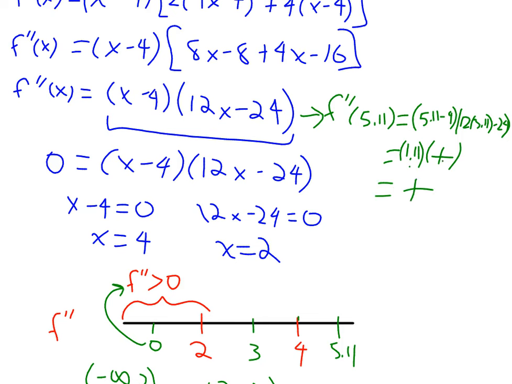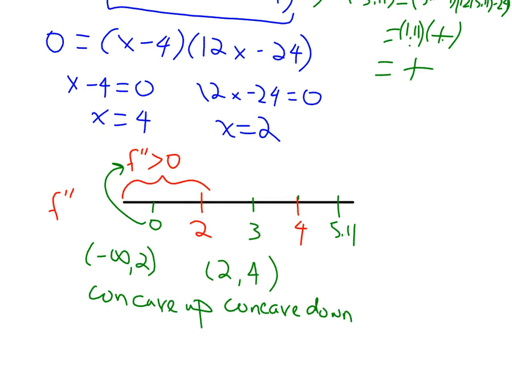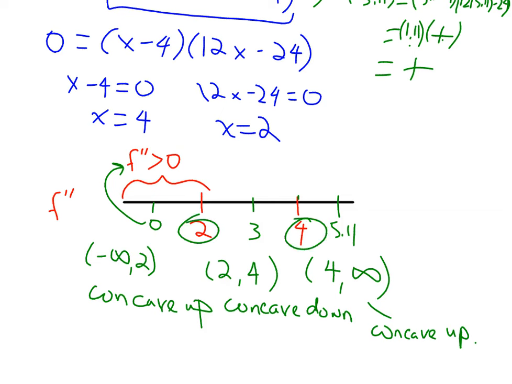Again, do I really care about the number, or do I just care that the second derivative is positive? So I know that to the right of 4, my second derivative was positive, so on the interval of 4 to infinity I must be concave up. And so that's how I found my critical values and how I find the concavity of the intervals created on each side of the points of inflection.